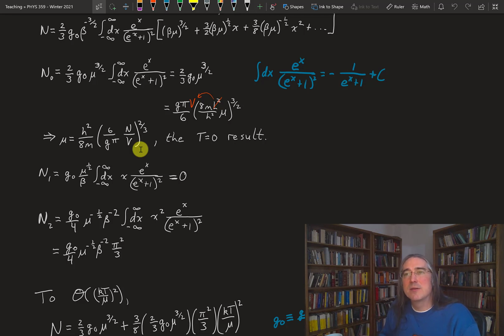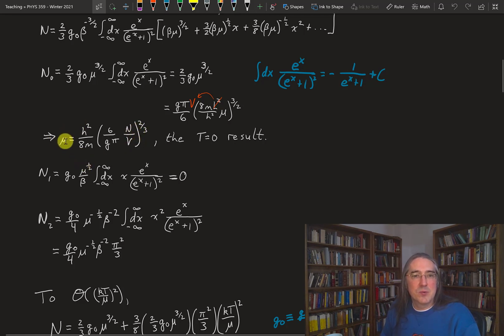So Fermi energy means the chemical potential at T equals 0. We have calculated it for one system so far, right? For a gas in a box. On the problem set, you're going to calculate the Fermi energy for a different system. Okay, so don't necessarily expect it to look like this formula because it's a different system. But it should be the chemical potential at T equals 0.